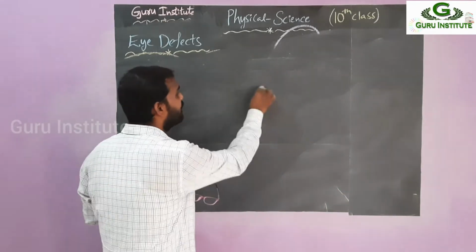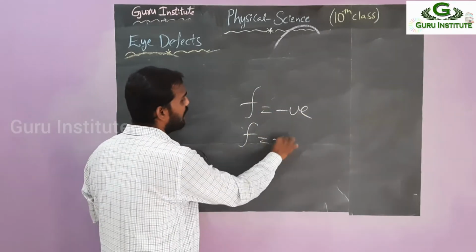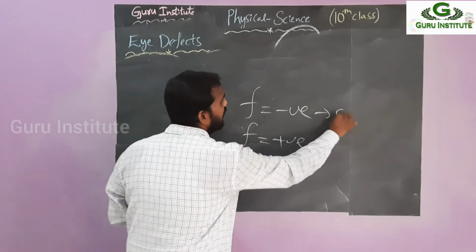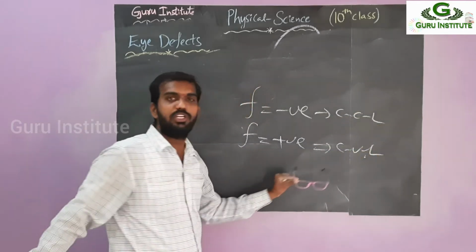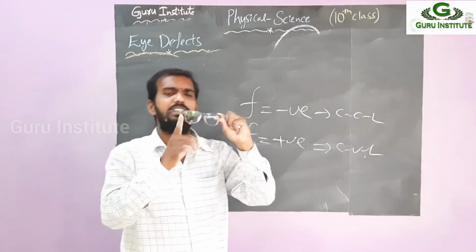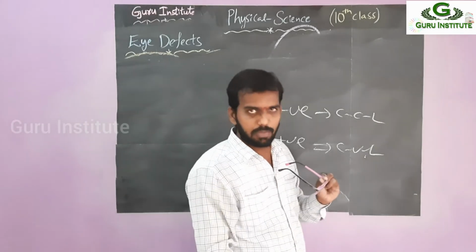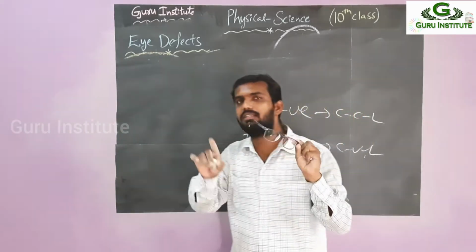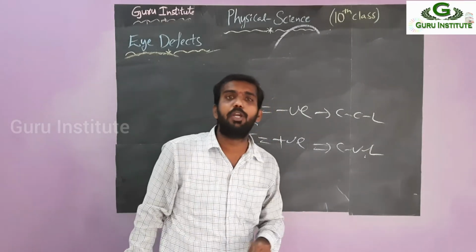Why? Because F is negative for myopia and F is positive for hypermetropia. Why? Because one is a concave lens and the other is a convex lens. A convex lens gives a real image, so it is positive, right? Suppose any student or any person is using glasses and their power is positive, plus 1, plus 1.5, plus 2, plus 2.5, plus 3, like that, written by the doctor, then that means he is suffering with hypermetropia.